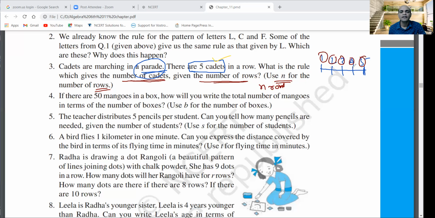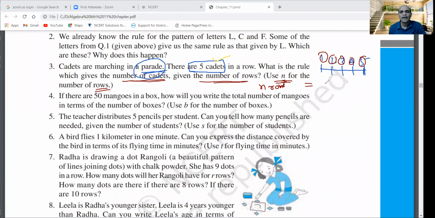Then what is the common rule that tells us how many cadets there are? Suppose मैं बोला 10 रो, 10 रो में कितने cadets है? How many cadets are there in 10 rows? कितना कैडेट होंगे? अगर वो 10 रो बना दिए तो कितने कैडेट्स होंगे वहां पर?